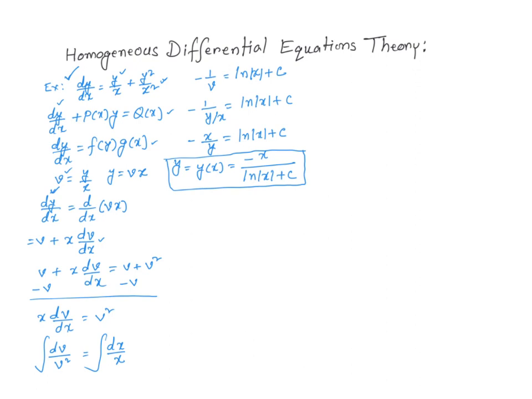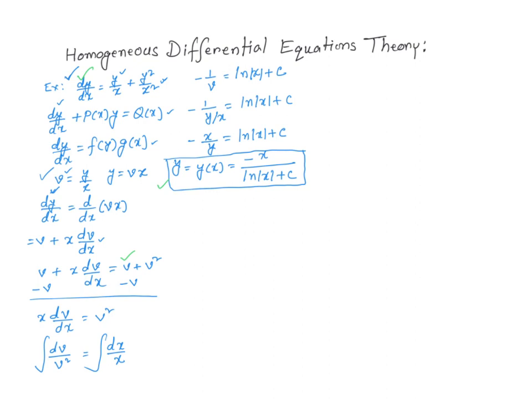As you can see from this example, we have made a substitution, which is v equal to y over x, and that substitution converted this equation into a separable equation, which is right here. And we know how to solve separable equations, so we just use the technique of separation, and then we solved it.